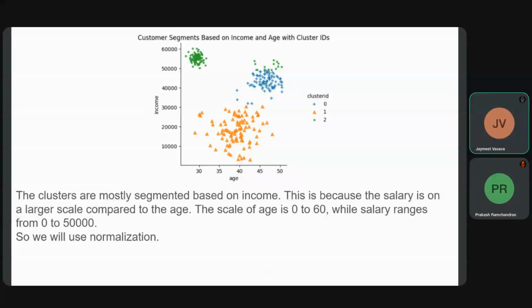The scale of the age is from 0 to 60, but the scale of the salary is from 0 to 50,000. So in order to get both of these values under a single scale, we have to normalize these values. We'll be using normalization here.